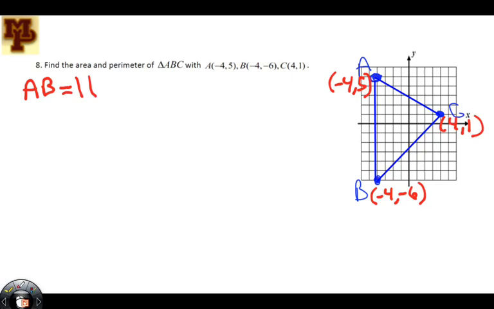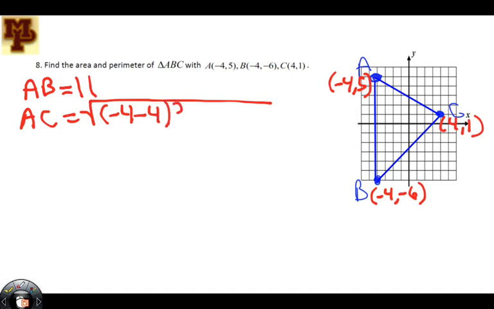Okay, now the other ones we're going to need to do the distance formula. So we're going to have to do AC, we're going to do the square root and the distance formula. So that's negative 4 minus 4, we're going to square that, and then we're going to subtract the y's.